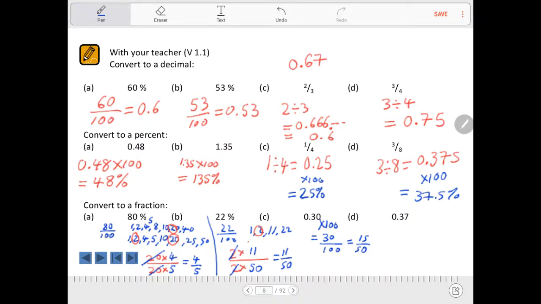If I do the same to the top and the bottom, that's okay. And then I can see really quickly that there's a common factor here of 5 between these two. So 3 5s are 15 and 10 5s are 50. So the answer you should have found for this one, even whichever method you use, is 3 over 10.